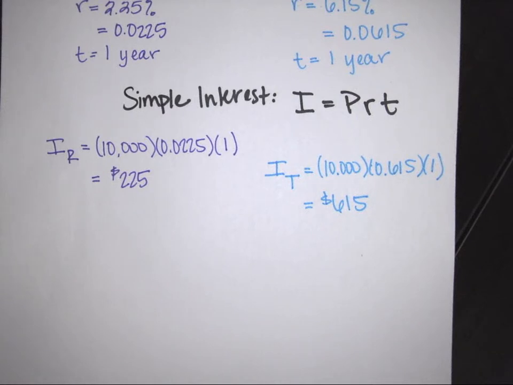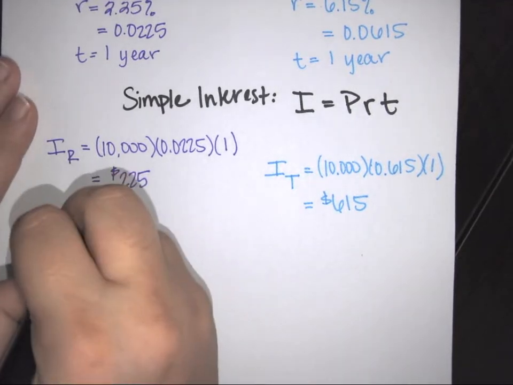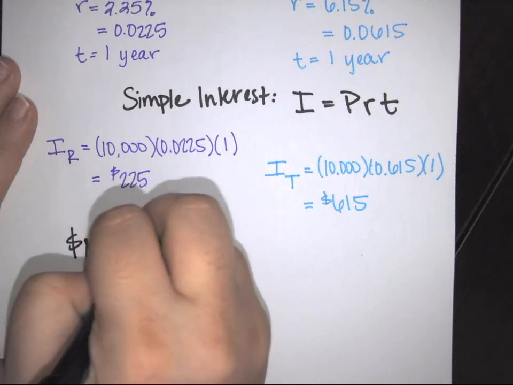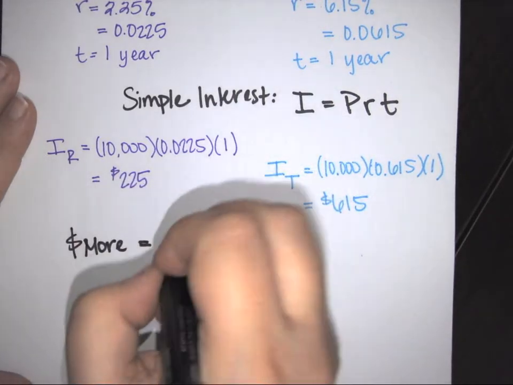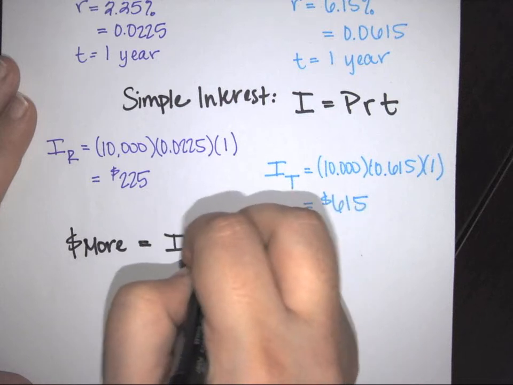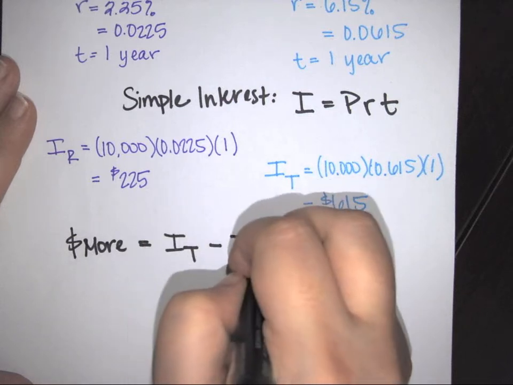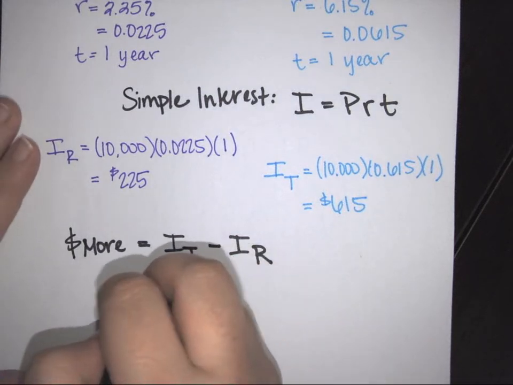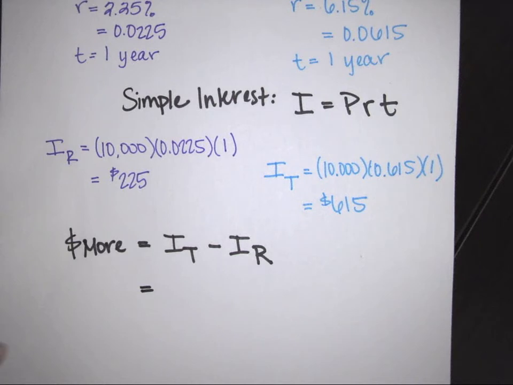The question wants to know how much more money that Tom has than Rick. So in order to find the money or amount more, I have to take the interest for Tom and subtract out the interest for Rick. So in doing that, I have the following.